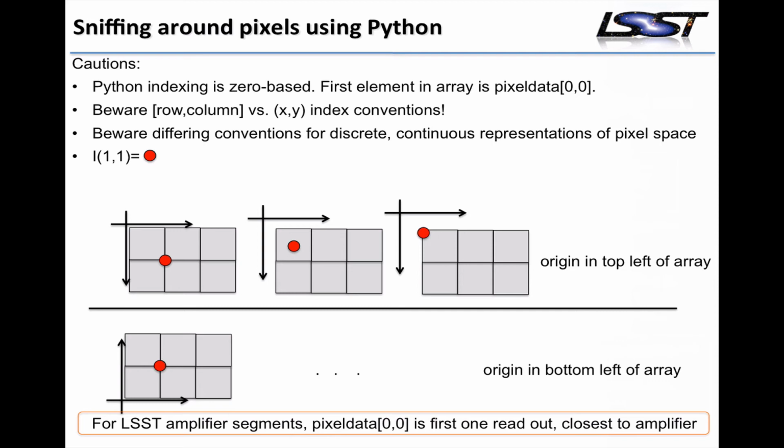So if we identify pixel location 1, 1 as this red dot, in some conventions, the origin of the continuum pixel coordinate has the first pixel in the array corner here be 0, 0. So the location 1, 1 is at the intersection between 4 pixels.